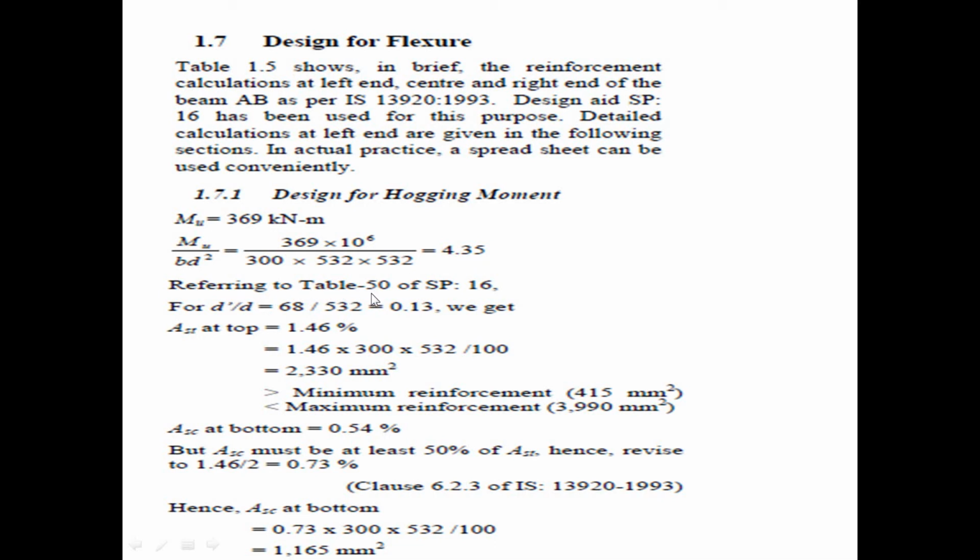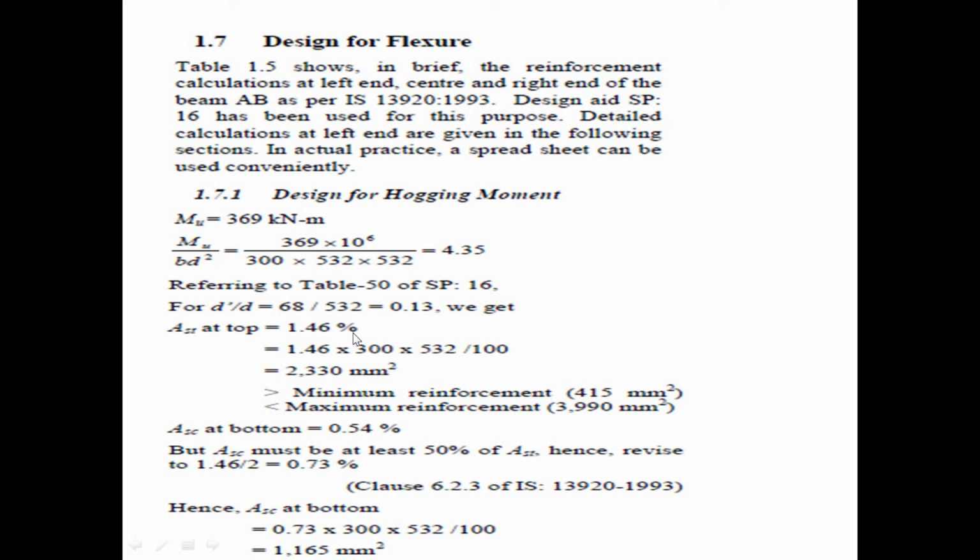Then, referring to table number 50 of SP16, please refer to this SP16 table 50, the d dash by d ratio is 68 by 532, which is your total effective depth, and you will get the answer as 0.13. By referring to this d dash by d and the value of 4.35, you will directly get the value from the chart, that is Ast at the top is 1.46%.